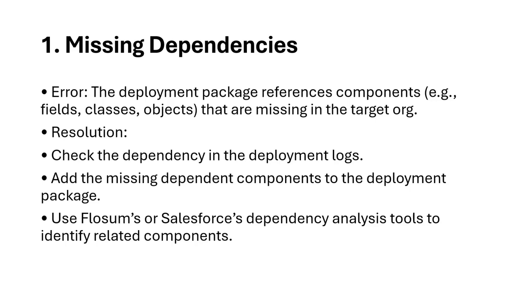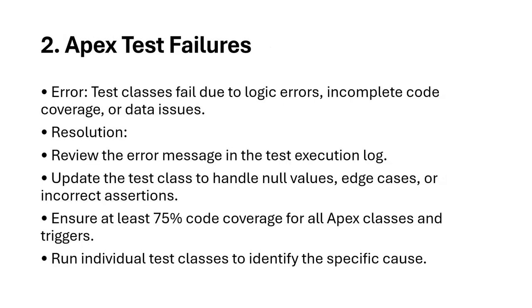And the second error that you might see while validating the package is Apex test failures. This error usually comes when the test classes fail due to logic errors, incomplete code coverage, or data issues.